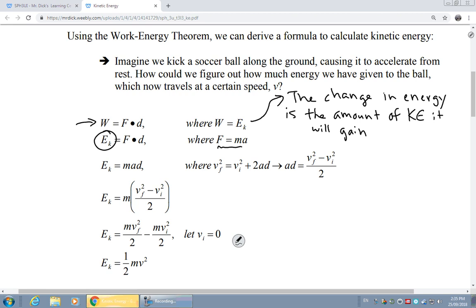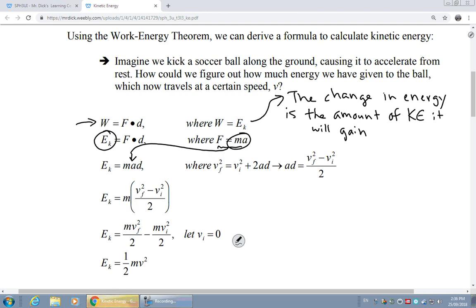And so the force that I'm applying I could replace with ma, mass times acceleration. So I replace force with mass times acceleration. So now I arrive at this statement that my kinetic energy will be mass times acceleration multiplied by displacement.